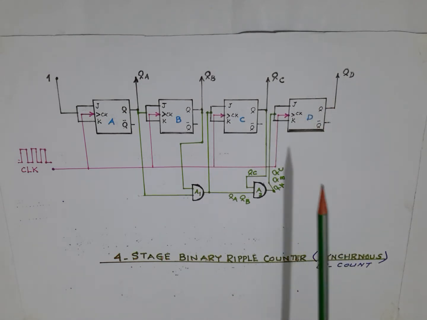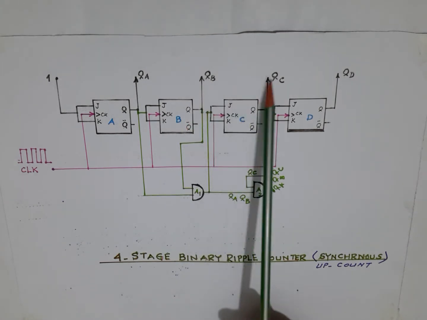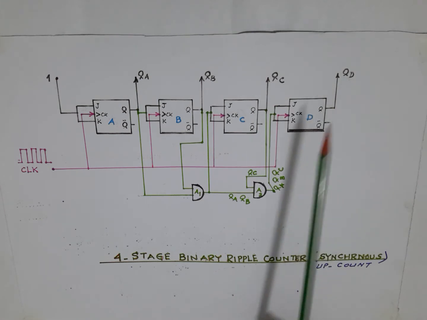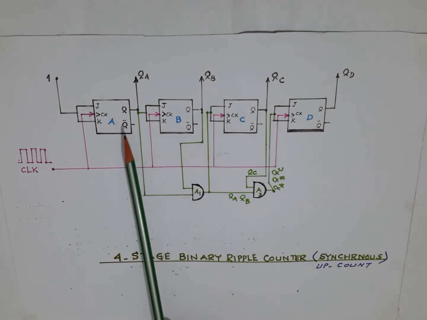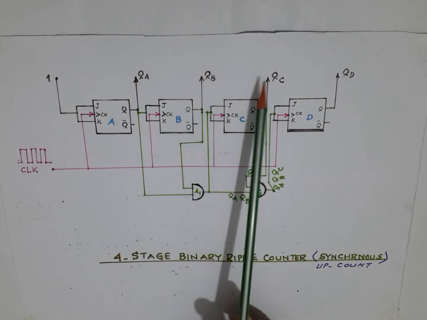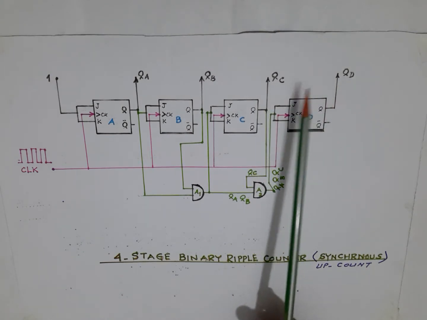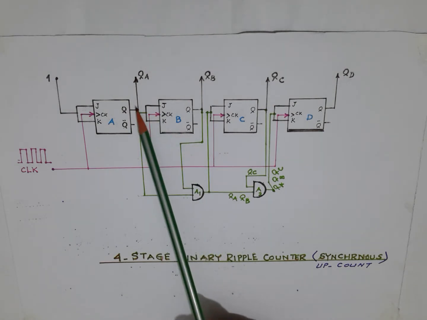Sixth clock pulse, QC, QB output will be 1 1, A and D will remain 0 0. Seventh clock pulse, all the first 3 flip-flops A, B, C, their outputs will be 1 1 1, D will be 0, and on the 8th pulse they will toggle back to 0.